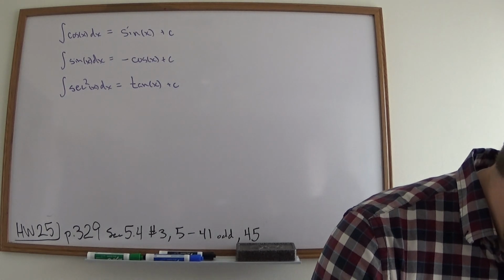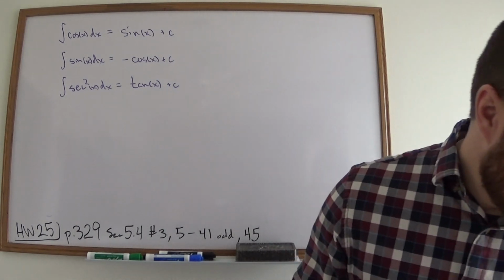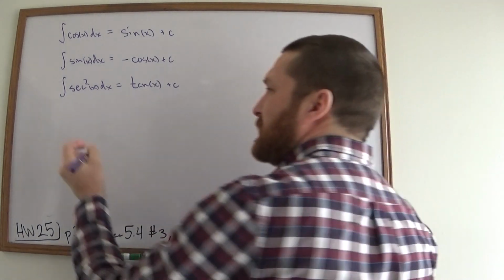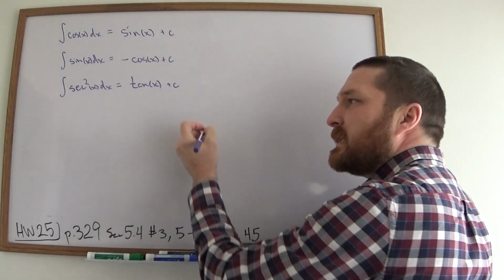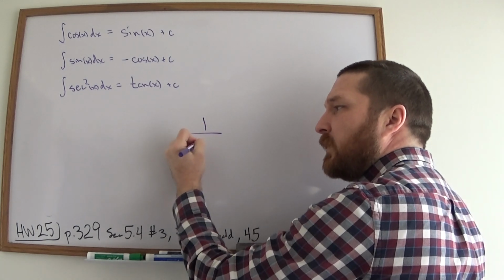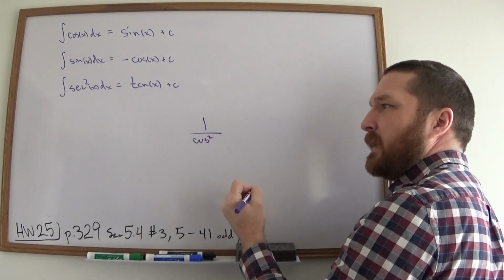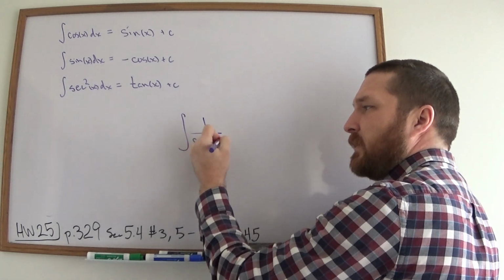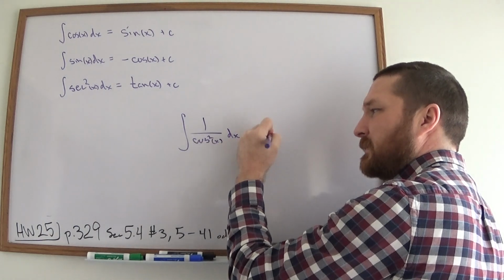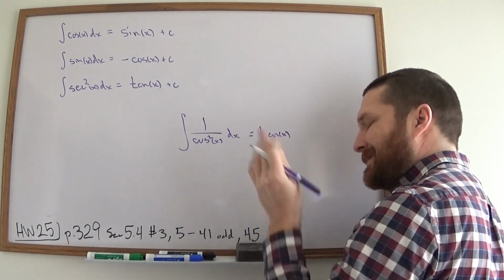So, okay. Here we go. This is the one. This one I remember fairly well. Now watch out, because secant squared is 1 over cosine squared, right? So the integral of 1 over cosine squared x dx is still equal to tan x plus c.